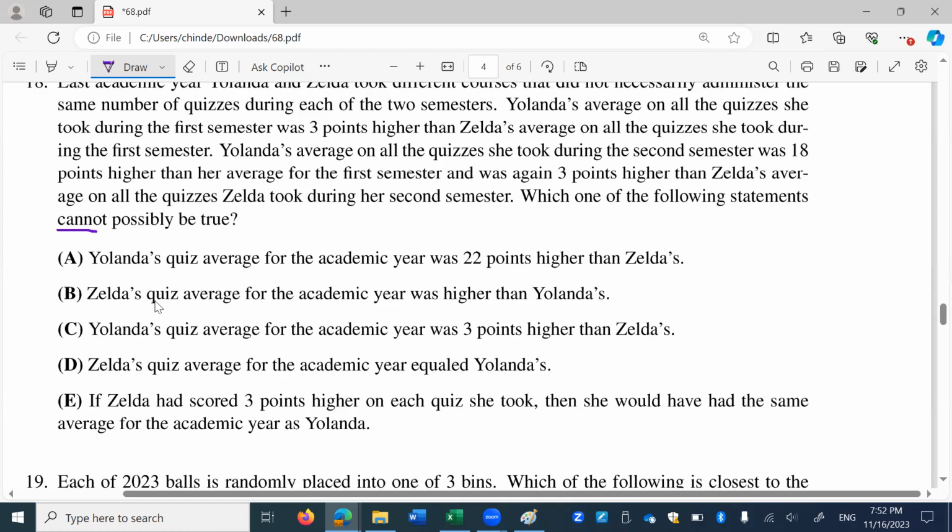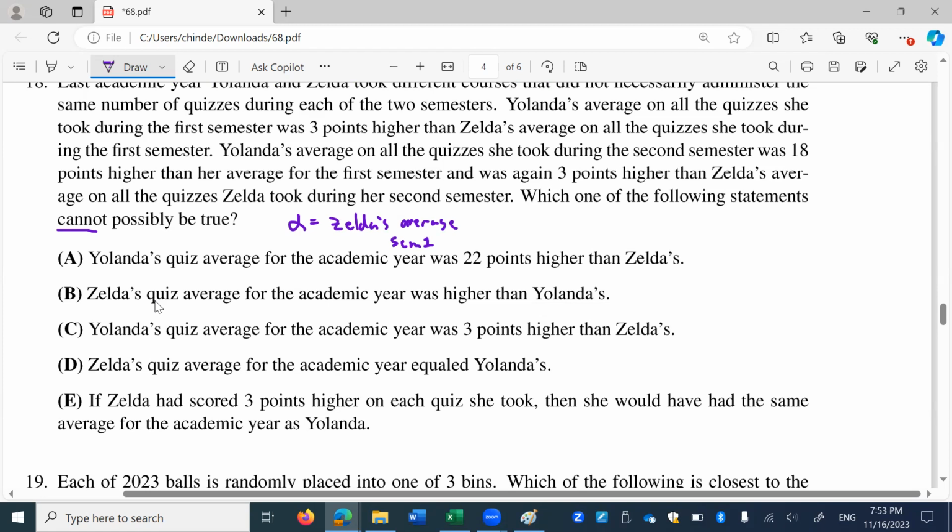So let's say alpha, the first letter, is Zelda's average in semester 1, right? And so both persons' overall average is going to be a weighted average of their semester average times the number of quizzes in that semester.